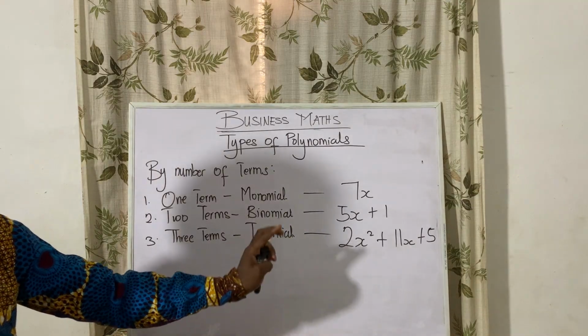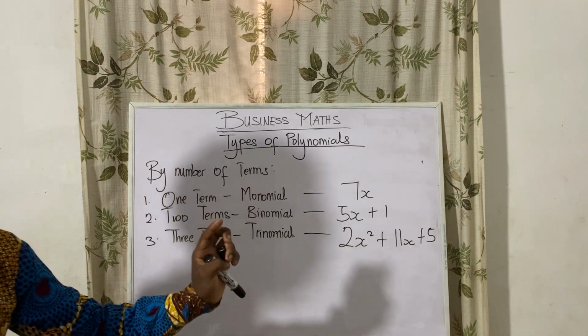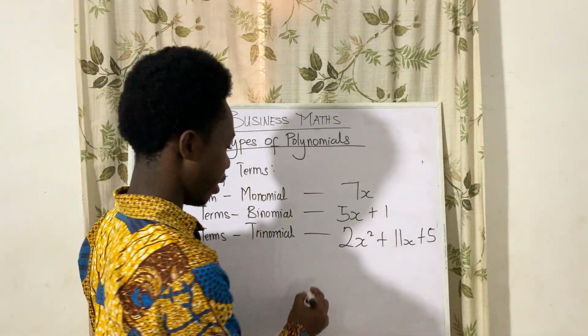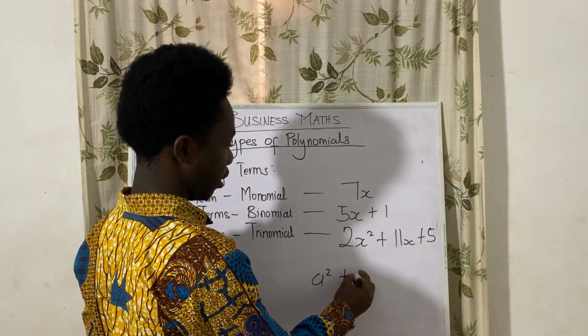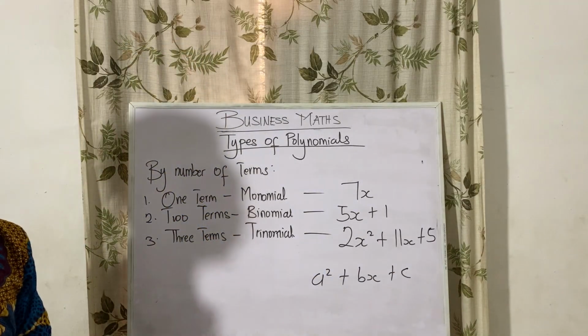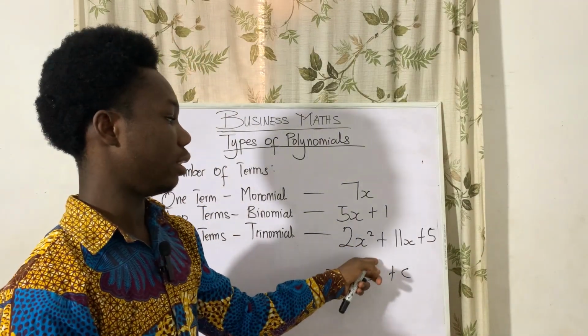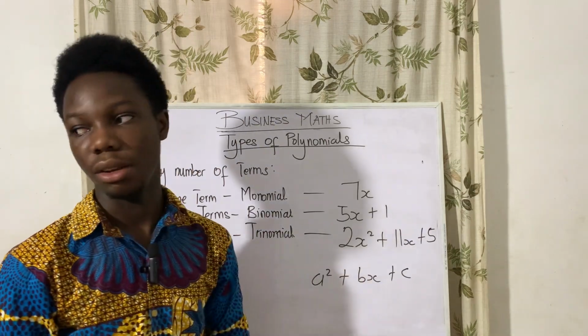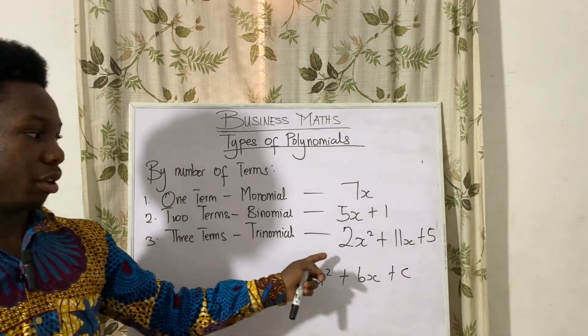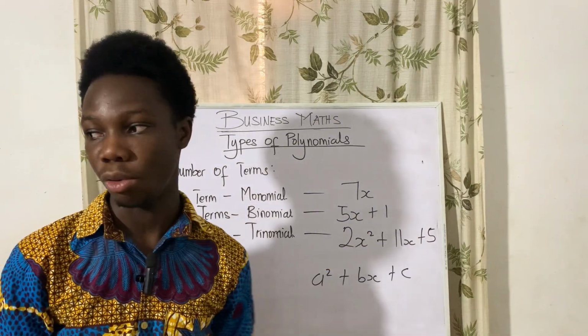It is a quadratic, because in a quadratic we have ax squared plus bx plus c. This is a quadratic equation, and this is also a quadratic equation. So the three-term expression is the trinomial, and this is an example of it.